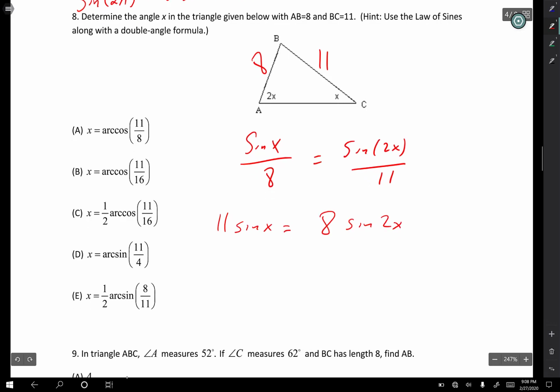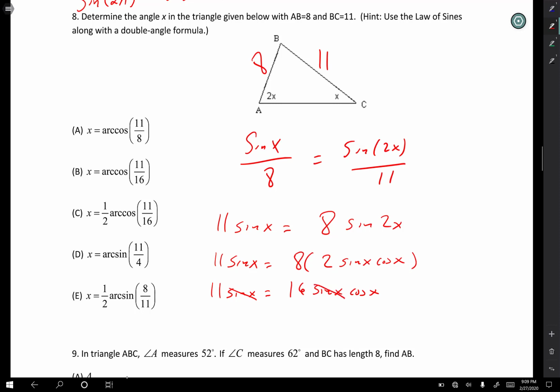Now I'm going to replace the sine 2X. 11 sine X is equal to 8 times 2 sine X cosine X. 8 times 2 is 16, so 11 sine x equals 16 sine x cosine x. If you divide both sides by sine x, the sine x's cancel out. Now I have 11 equals 16 cosine x, so I divide by 16 to get cosine x by itself.